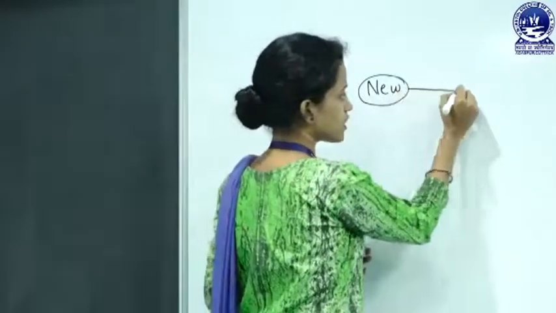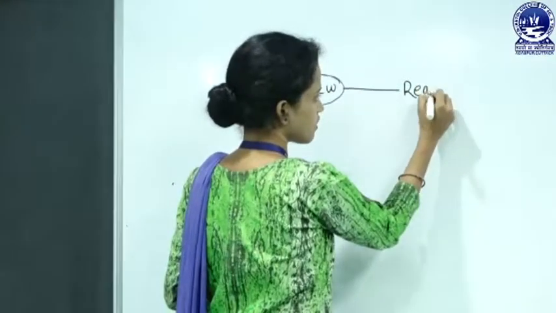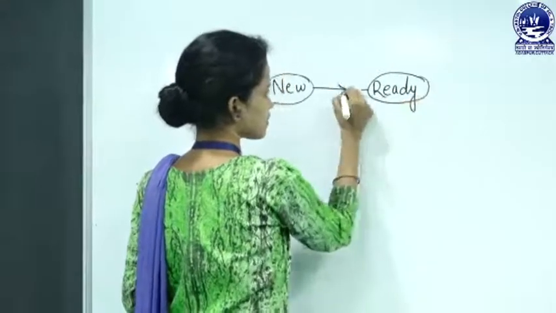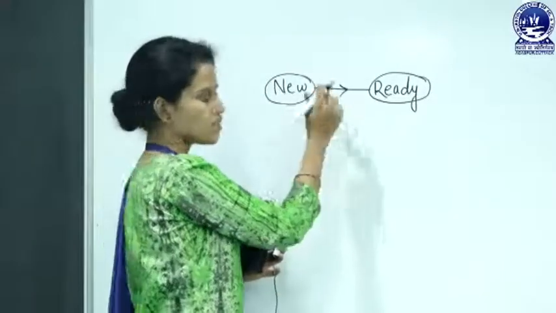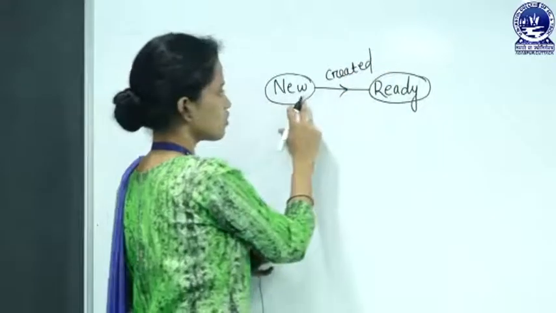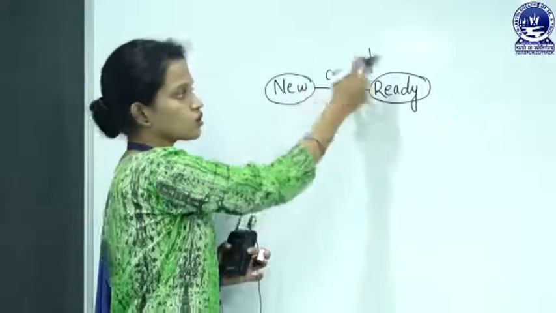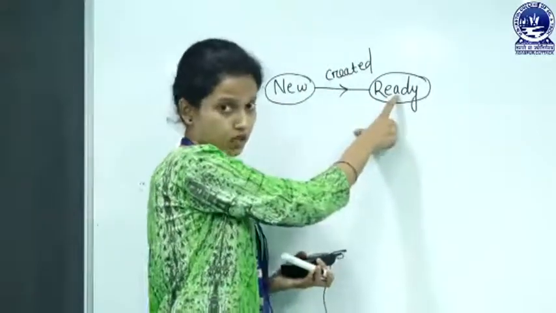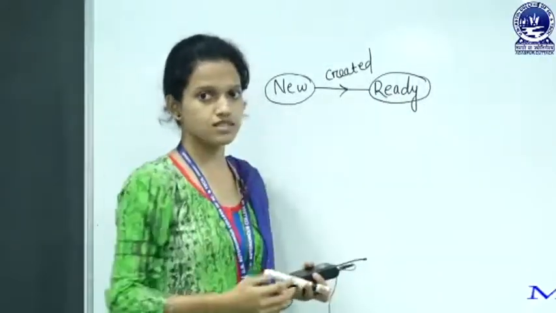After the new state, where will the process go? After the creation of the process, it will go to the ready state. Here you can say that it has been created. In the ready state the process is ready for execution.